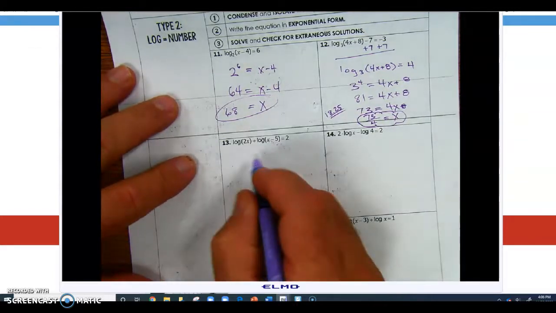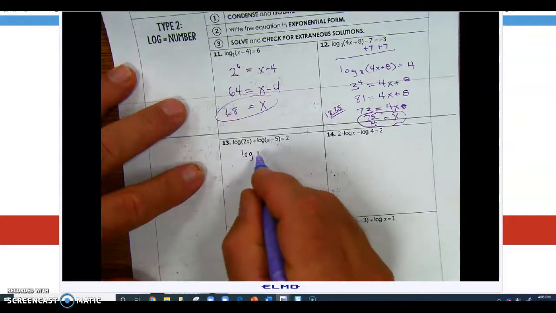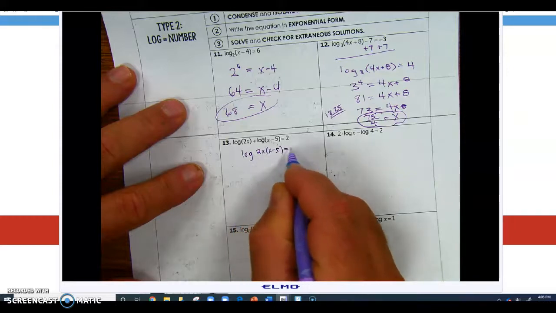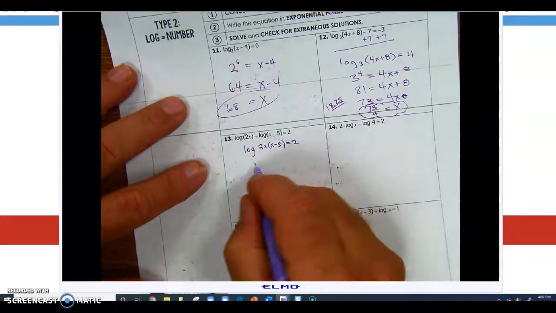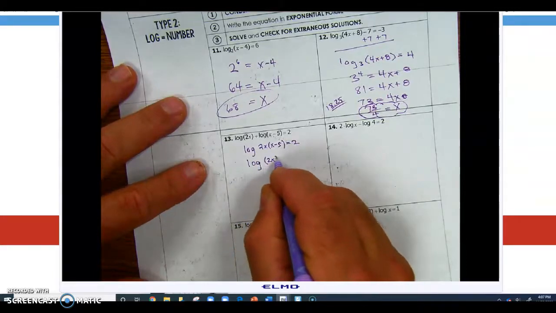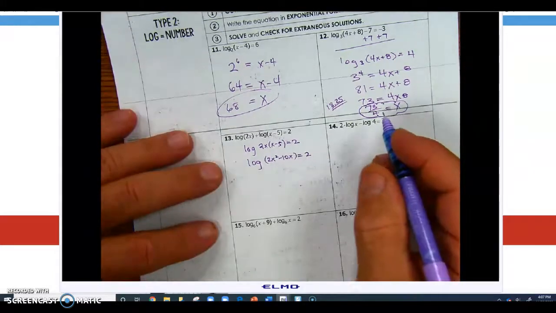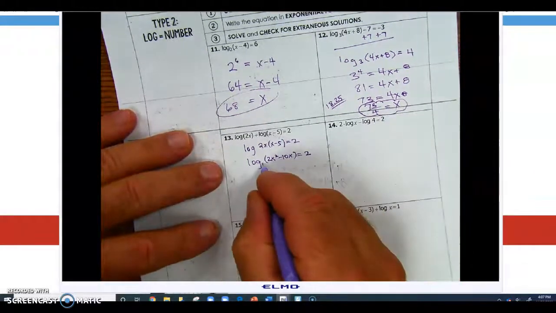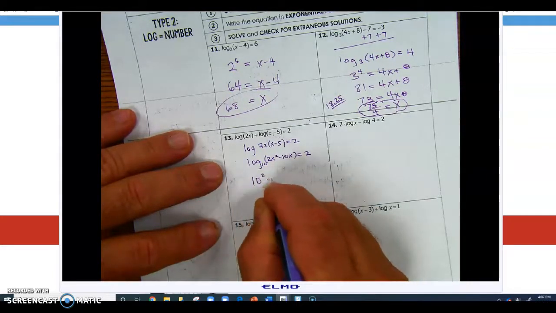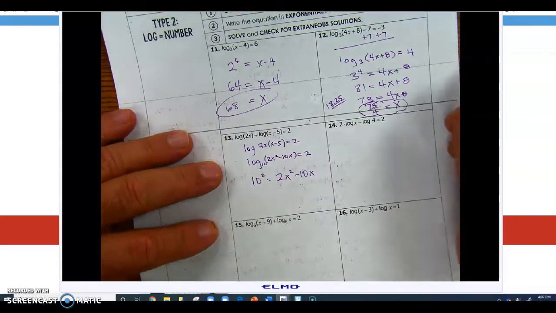All right, let's condense these logs. It's going to give me log of 2x times x minus 5 equals 2. That's log of 2x squared minus 10x equals 2. Holy cow, remember there's a base 10 right here. So that's 10 squared equals 2x squared minus 10x.